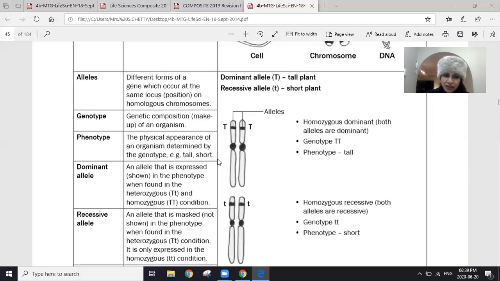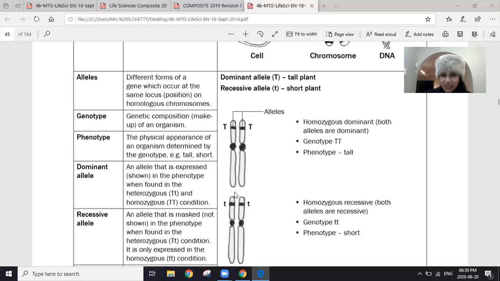So with these particular homologous chromosomes, if this appears in a plant, where will it appear? In the nucleus of every one of the cells. This particular organism will have a capital T as its genotype or genetic composition.